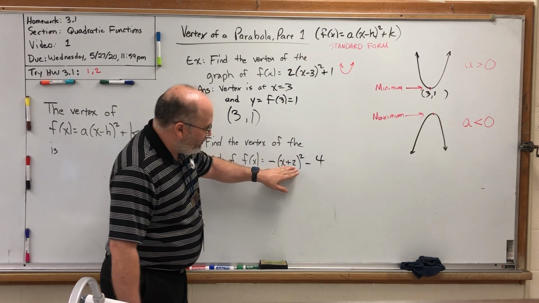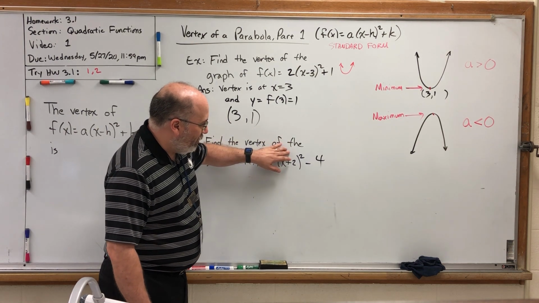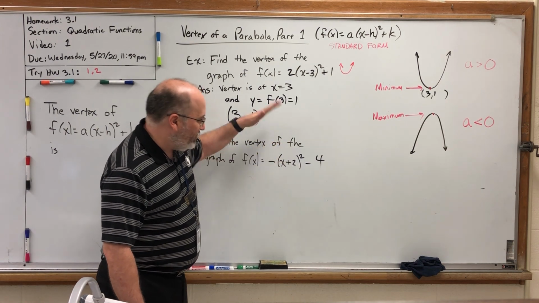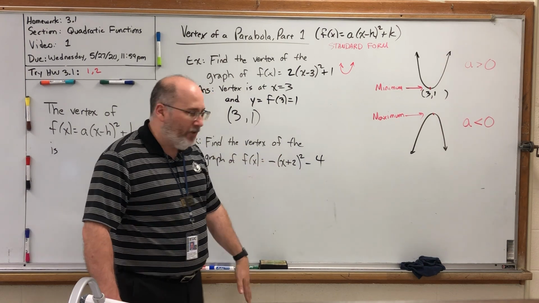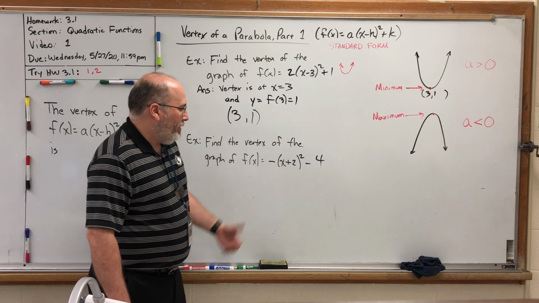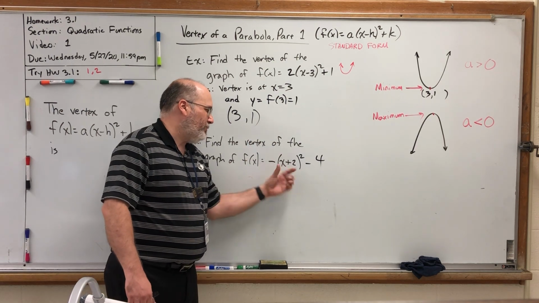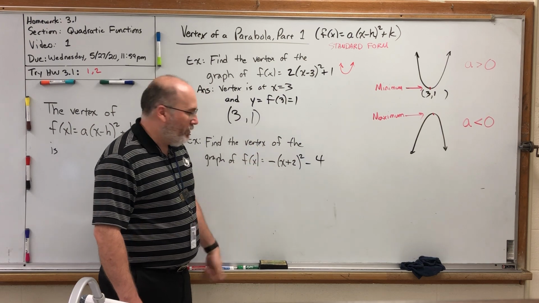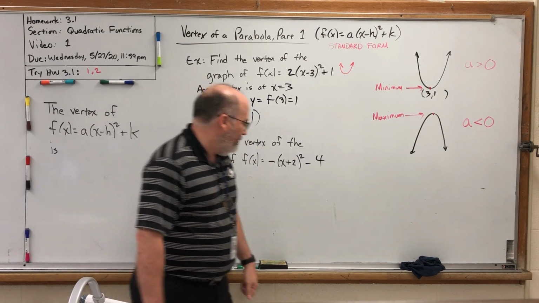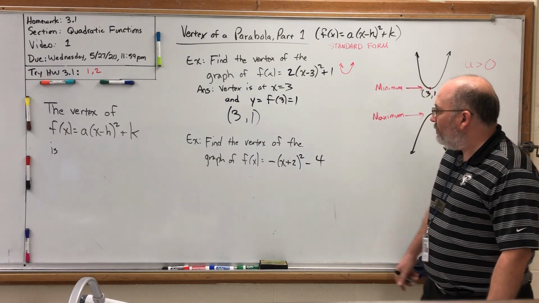If this parentheses were to get larger and square it and get even larger and then stick a negative on it, it's going to drag the value further and further down. But we need the maximum possible value. So in order to get the maximum value out of this, we actually need the smallest possible result of squaring something because it has a negative on it. Gee, this sounds exactly like what we did over there.